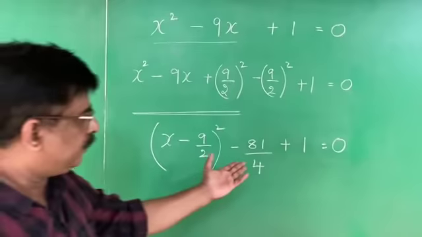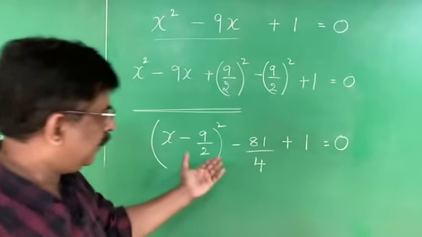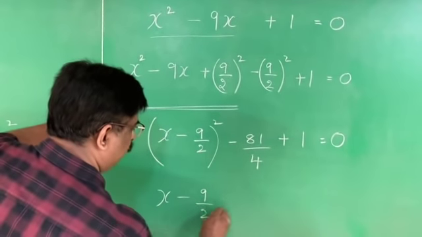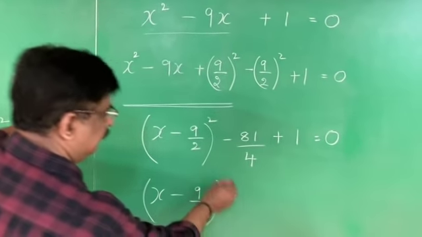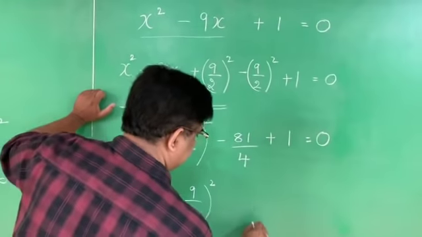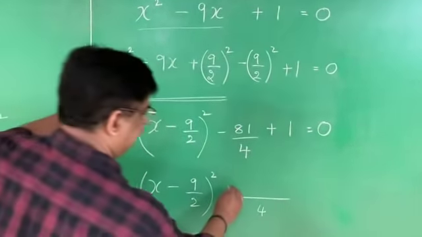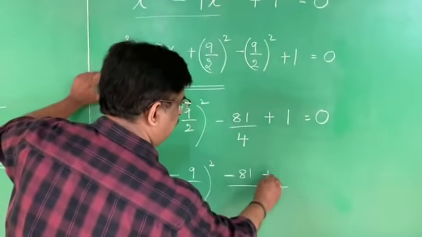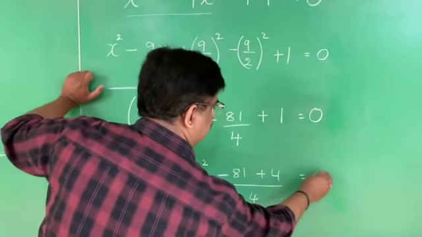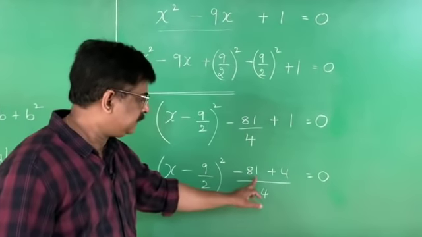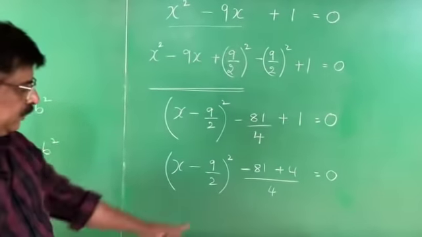The next step is I have to take the LCM of this. The LCM part of this is 4. Then it becomes x minus 9 by 2 whole square, minus 81 plus 4 by 4 is equal to 0. Here plus is there.